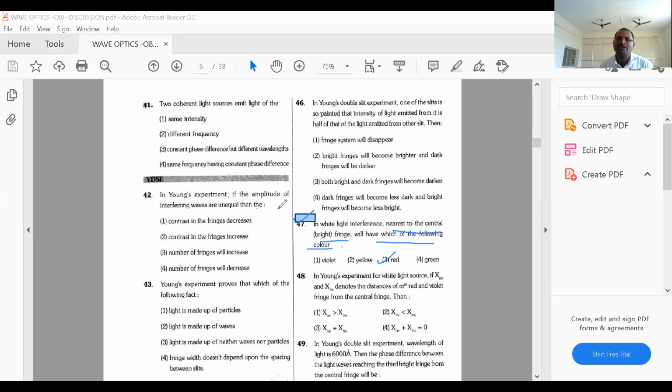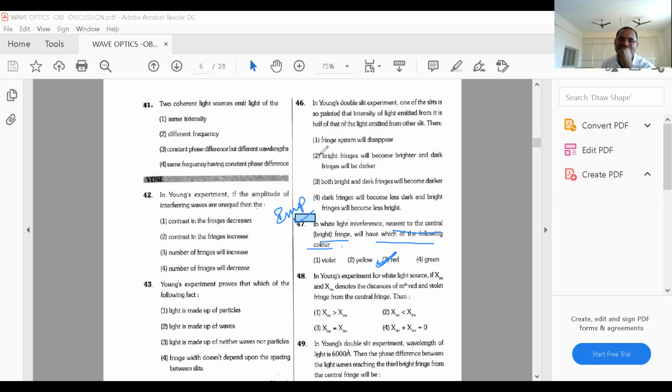Red color will appear. Very important question, you need to remember this. Why red color? Because near the central maxima, blue color minima will form first. That is the reason. Important point, remember this. That's why I'm stretching more on that point.